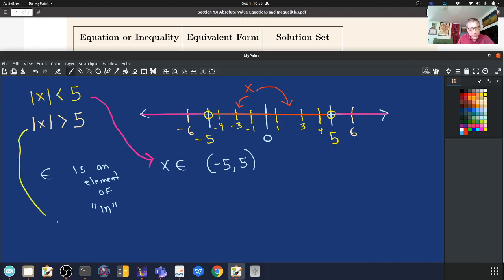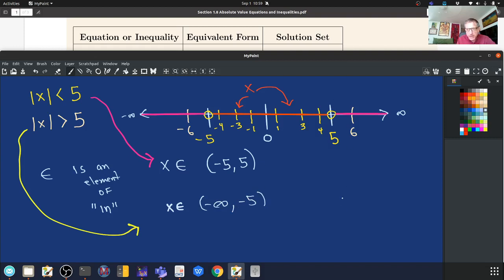The solution set for here is going to be x in, well, let's write the interval. Starting here, this goes to minus infinity, this goes to plus infinity. We start at minus infinity and get all the way to minus 5.